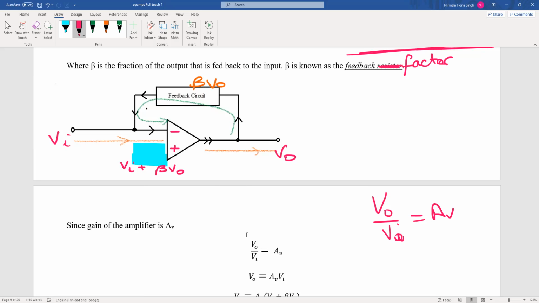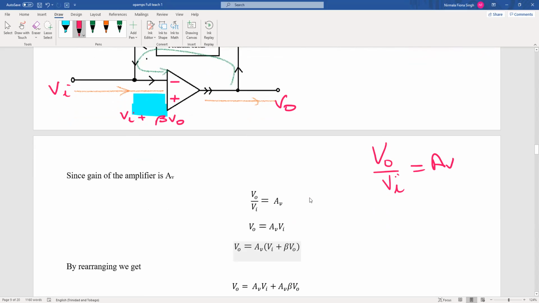That's your basic layout for your gain. We want to work out the gain for an amplifier using feedback. So we can cross multiply here, and we're going to get V naught is equal to AV times VI. Just cross multiply, that's simple enough.